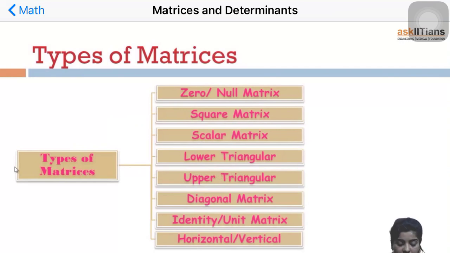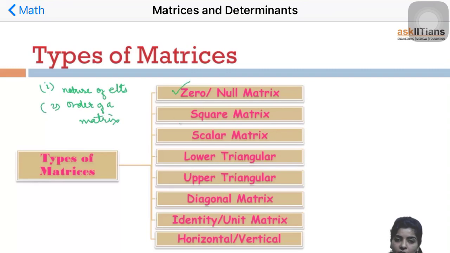Next we have the types of matrices. When we talk of types of matrices, this is basically on 2 bases. Either it is on the basis of the nature of elements in a matrix, or it is on the basis of the order of a matrix, right? So what are the main types?